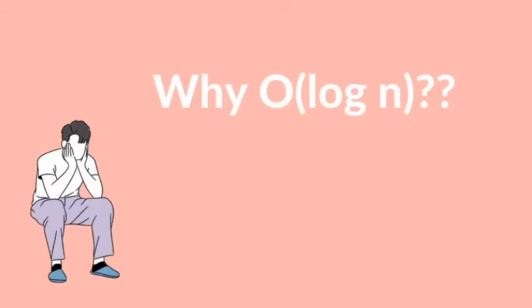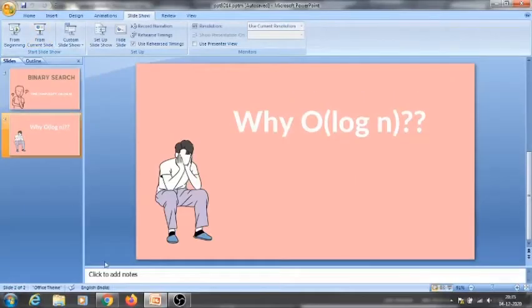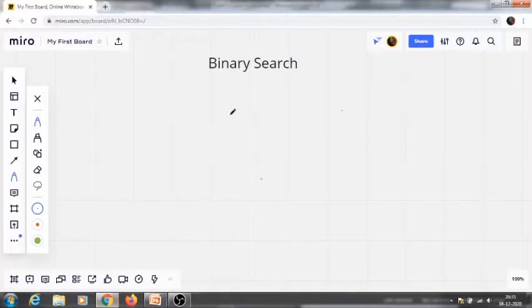So we will start our discussion. Now here we are with binary search. What is binary search? Before going to the O(log n) part or anything about time complexity, we will discuss binary search.